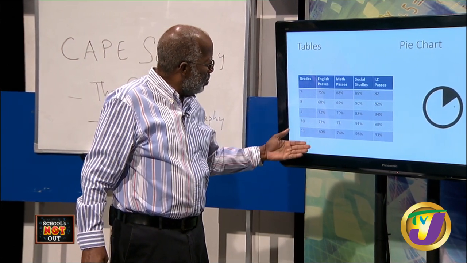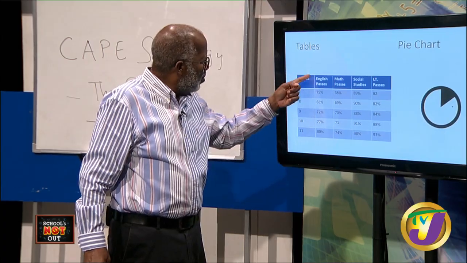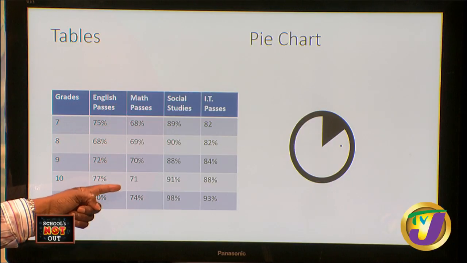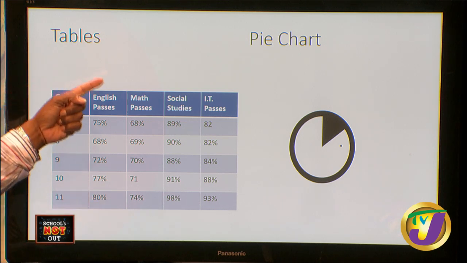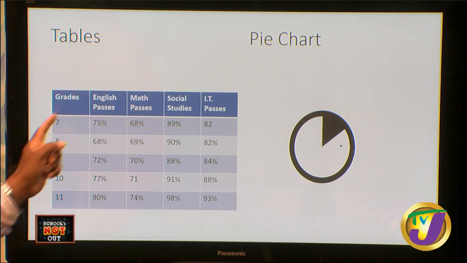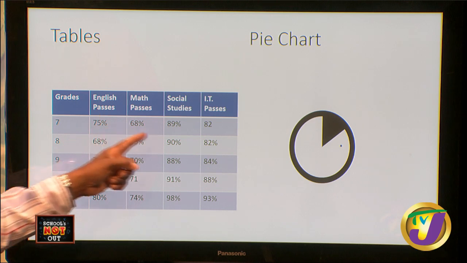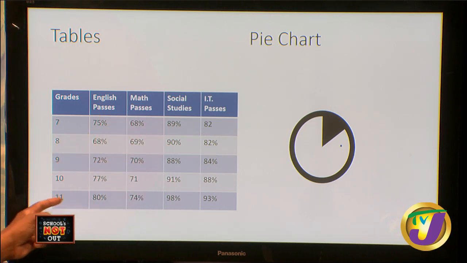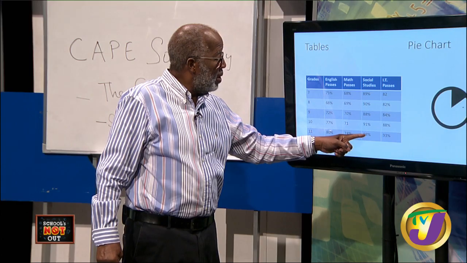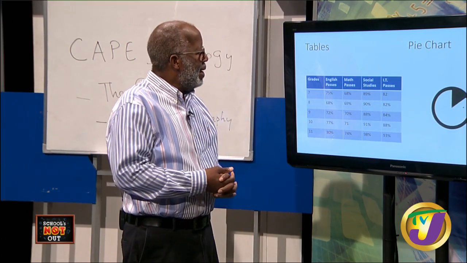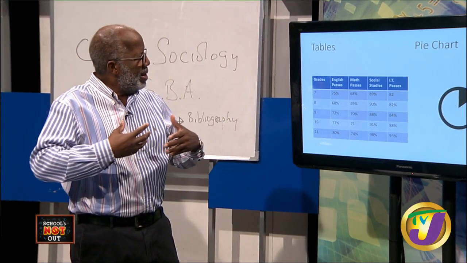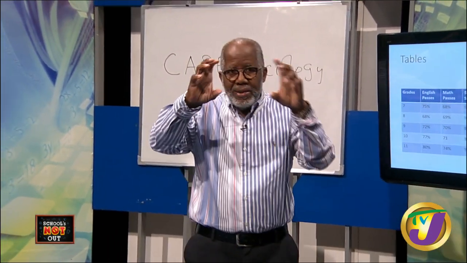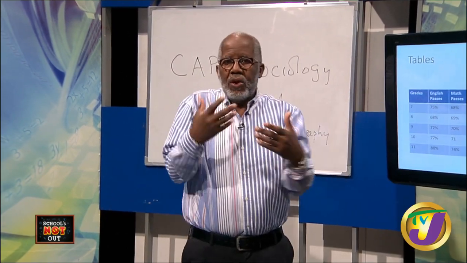You can see 78, 75 in terms of English passes; in terms of maths passes, 68, 69, 70, 71, 74 for all the grades going down. Social studies: grade 7, 89; grade 8, 90; grade 9, 88; grade 10, 91%; grade 11, 98%, and similar for IT passes.